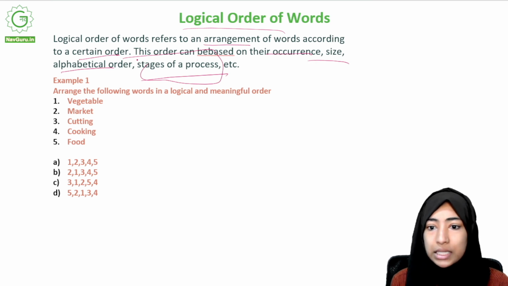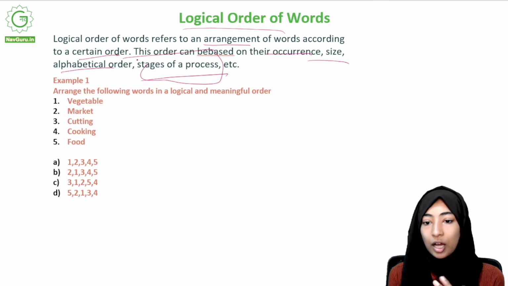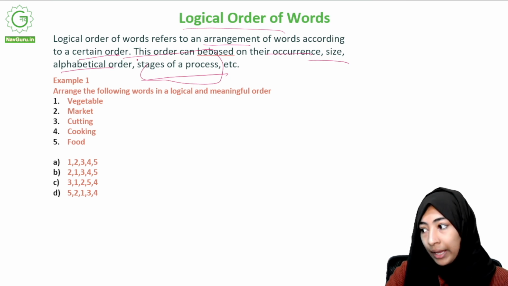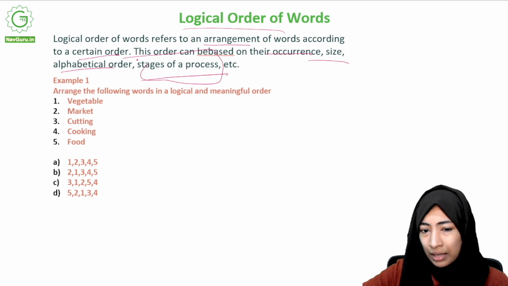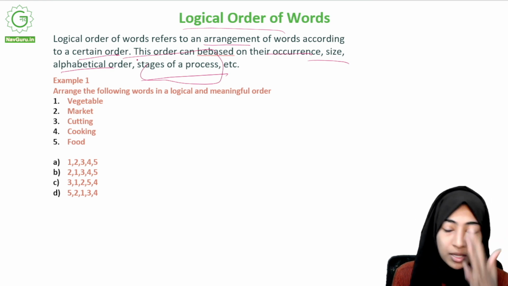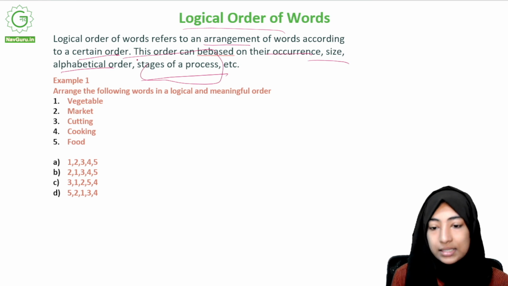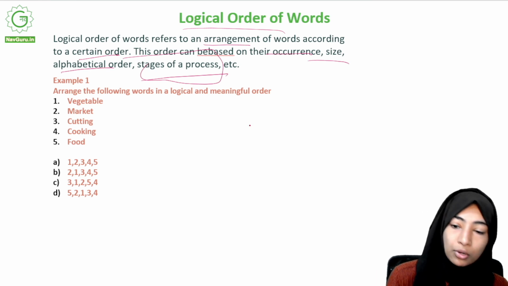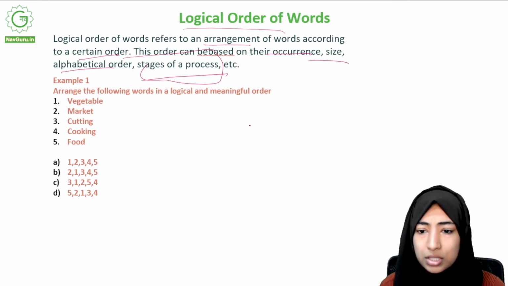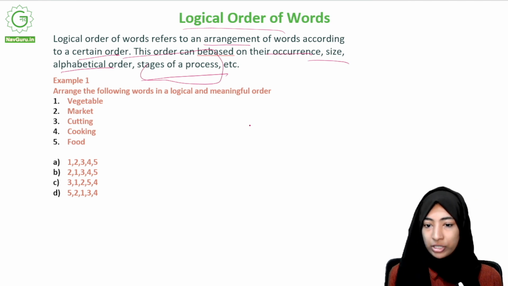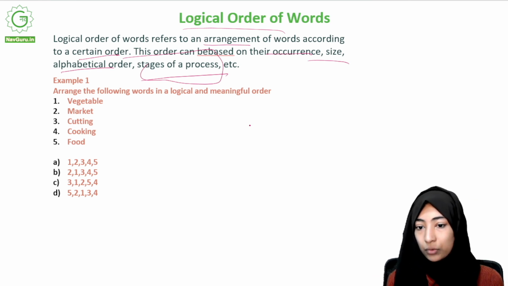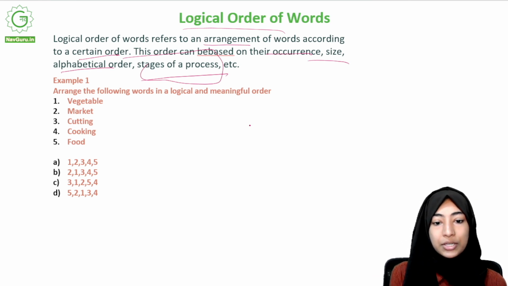Like, for example, it's the case of a baby becoming an adult. So that can also come under stages of process. But it can also be based on size, from the smallest size to the largest size, or the largest to the smallest. It will be mentioned. It won't be difficult. You will be asked to find out what exactly you want to do, as you can see in this case.